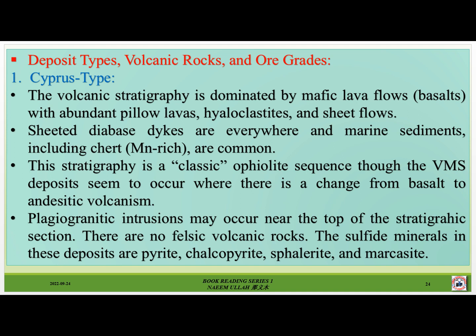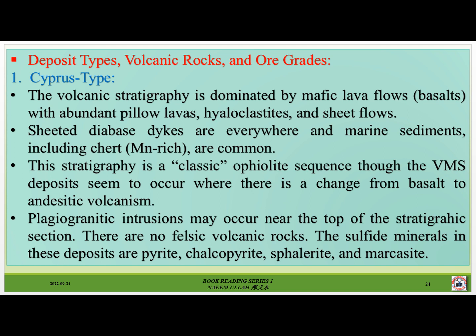Deposit types, volcanic rocks, and ore grades. Number one, Cyprus type. The volcanic stratigraphy is dominated by mafic lava flows, basalts with abundant pillow lavas, hyaloclastites, and sheet flows. Sheeted basalt dikes are everywhere, and marine sediments, including chert and manganese-rich sediments, are common.